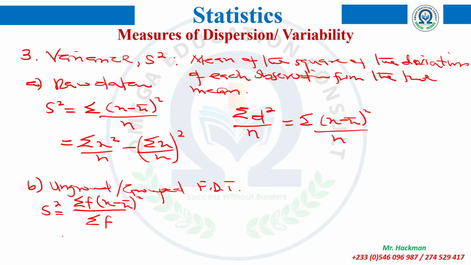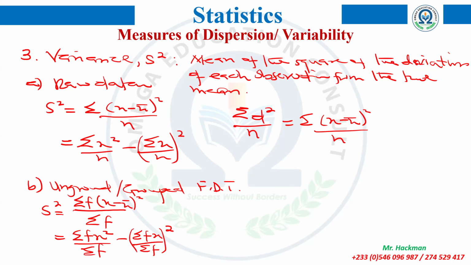However, the expanded version of that will also be the same as sigma f x squared over sigma f, then minus (sigma f x over sigma f) squared. That is the mean from a frequency distribution table, grouped or ungrouped, squared. So this is just the formula that we are going to use.